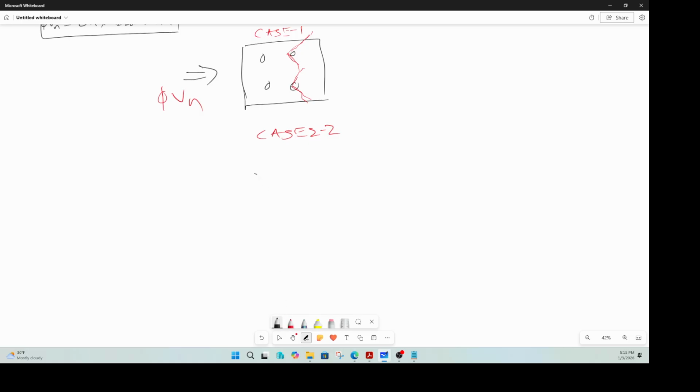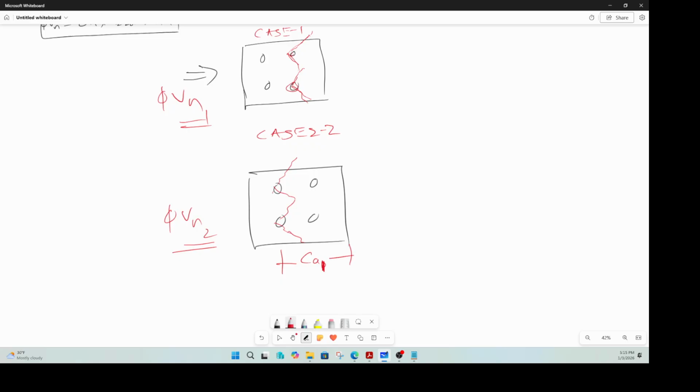Case two is you have to look at these bolts, those bolts, and figure out the failure area. Why will this phi Vn, let's call it phi Vn2, phi Vn1, why will phi Vn2 be different from Vn1? That is because in phi Vn2 case the ca1 is that much, whereas in this case, because you're talking about these bolts, your ca1 is that much.